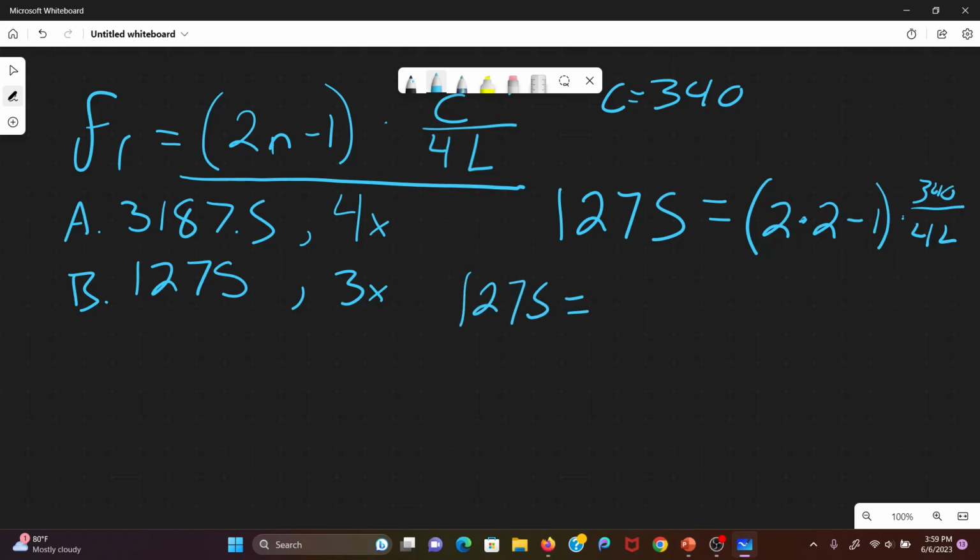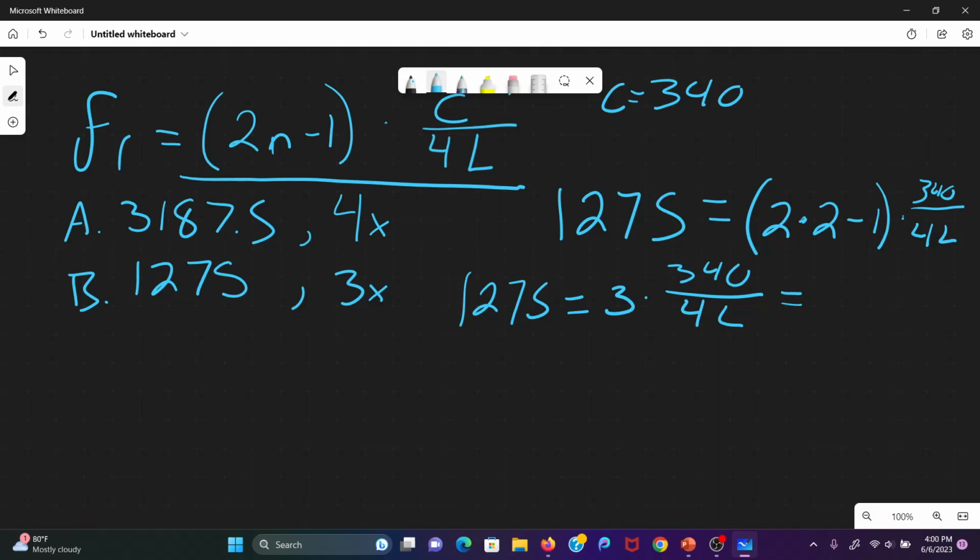1275 equals, let's figure this out. 2 times 2 is 4 minus 1 is 3. So 3 times 340 over 4L. Let's get rid of that 4. 340 divided by 4 is 85.